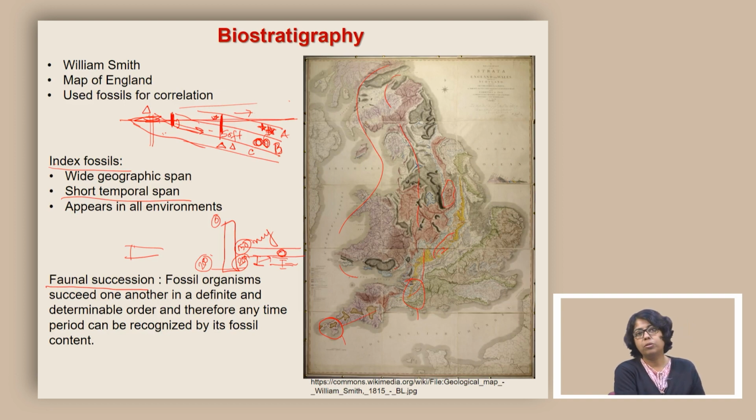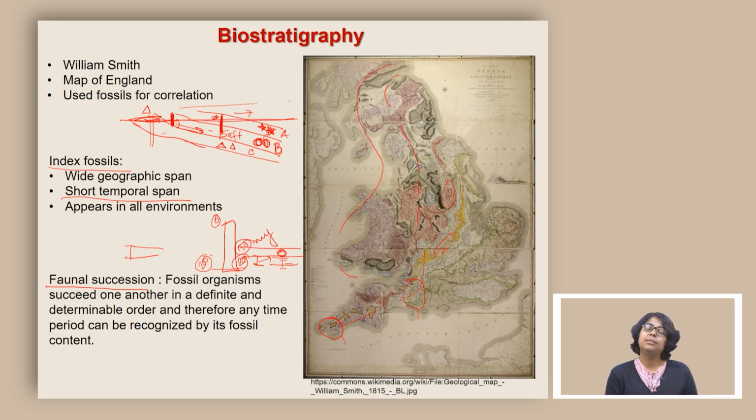The other important aspect about index fossils is that they should be appearing in different environments or large environments. So, if you know about a particular organism which lives only in a small lake and never goes out of the lake, then it is not good for correlation because they are only going to be found in these small lakes.